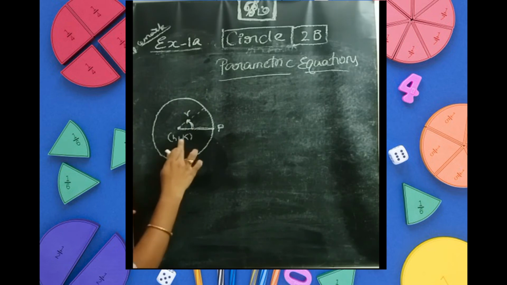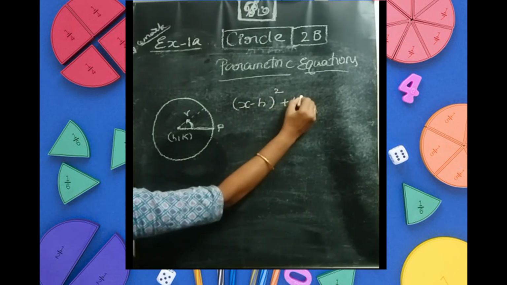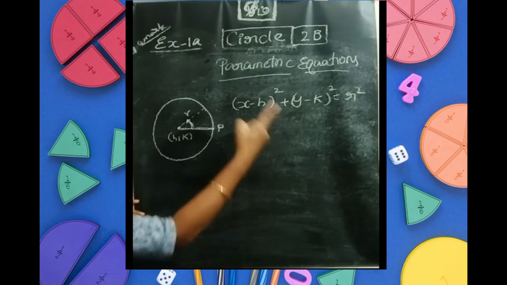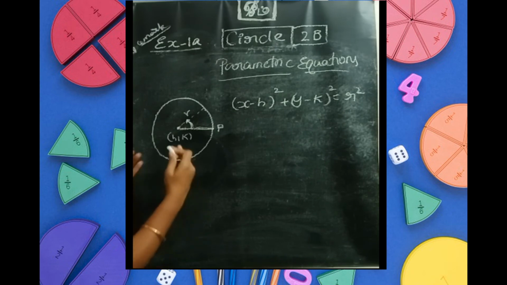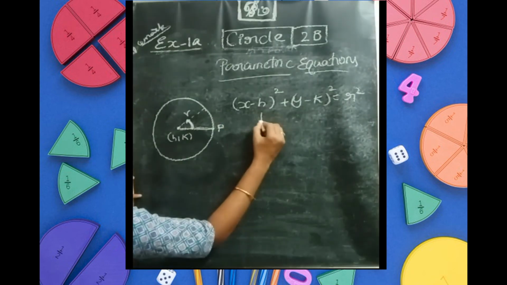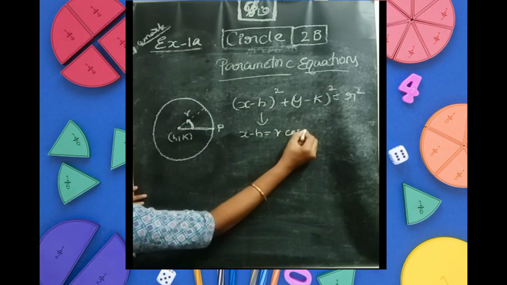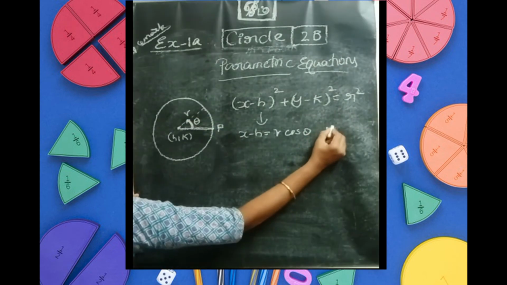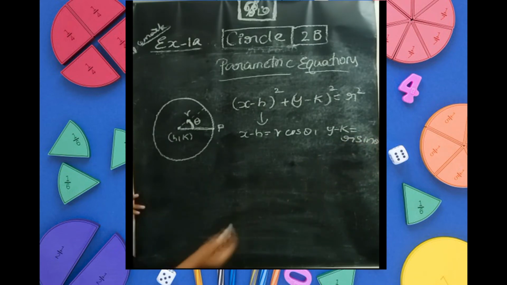The equation of a circle with center h comma k and radius r is x minus h whole square plus y minus k whole square equals r square. This is the formula. For this, we have to find the parametric equation. From this, x minus h equals r cos theta, where this is the angle, let it be theta, and y minus k equals r sin theta.